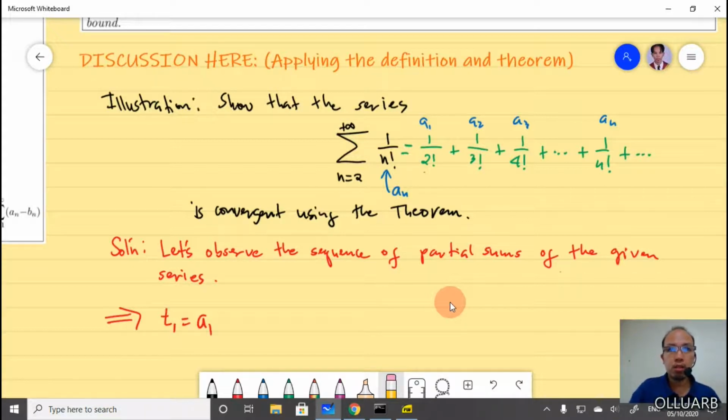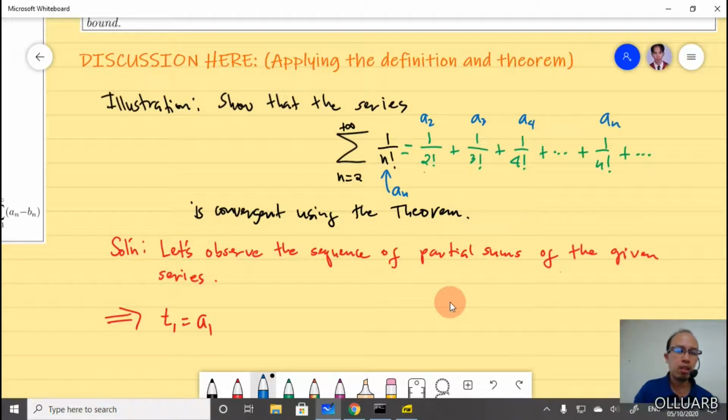So let's replace a1 by a2, a3, a4, and then an.